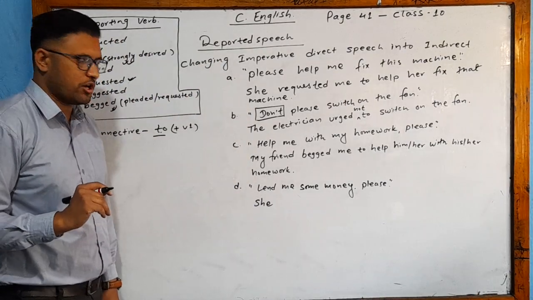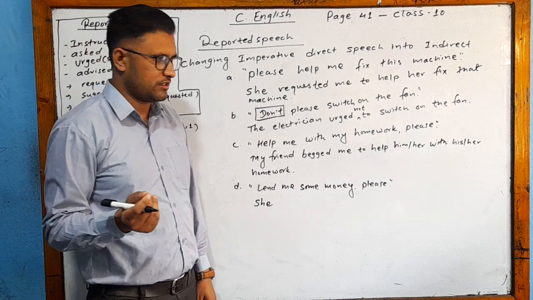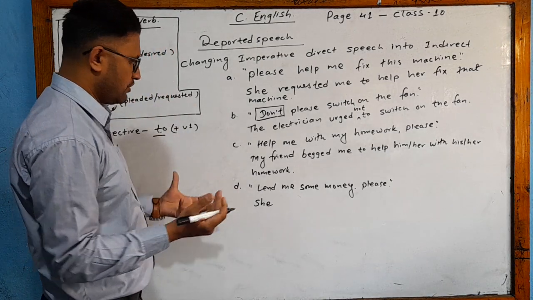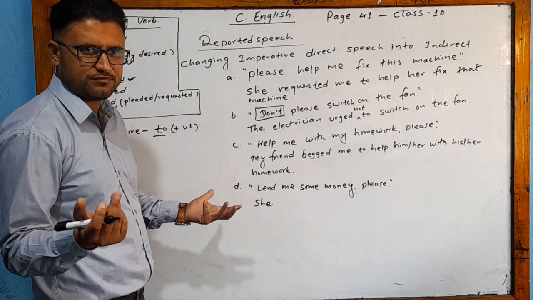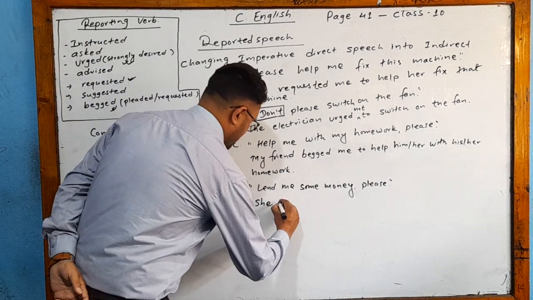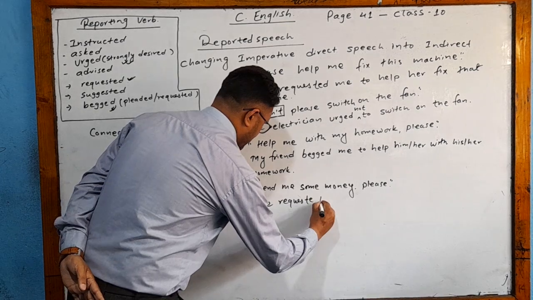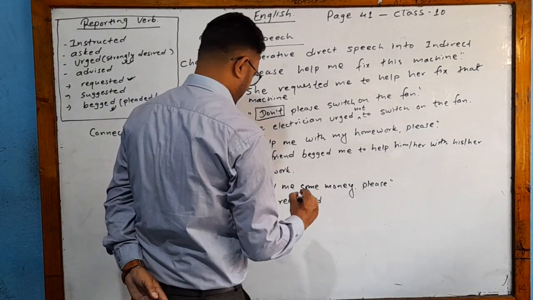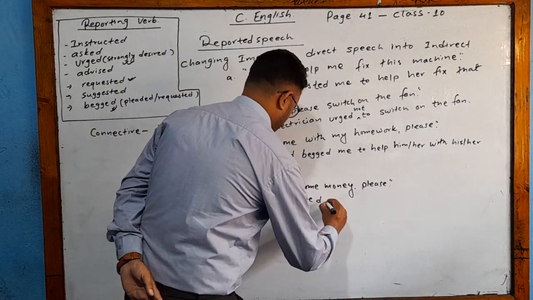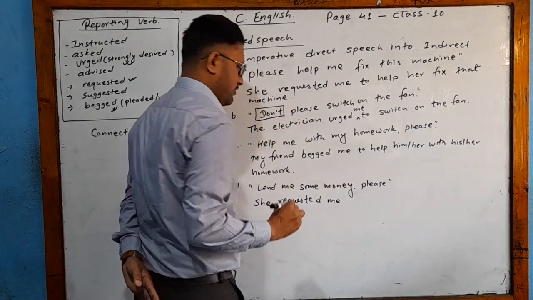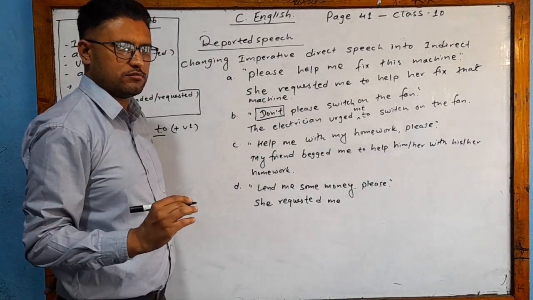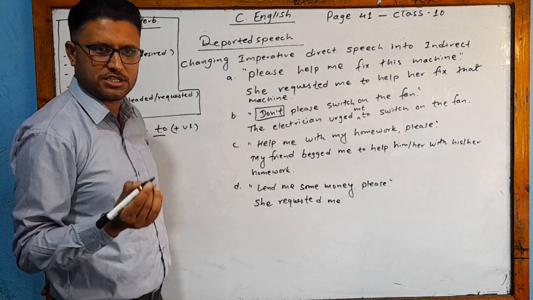So someone is borrowing money, alright? So see, you can simply use again requested. You can use me, making the sentence more sensible.